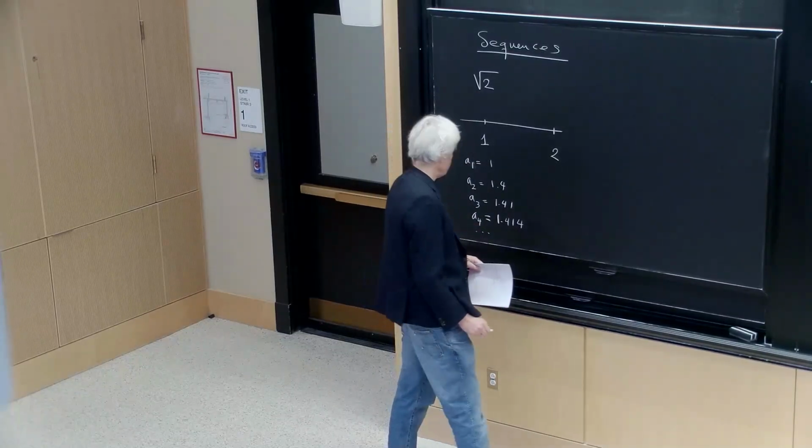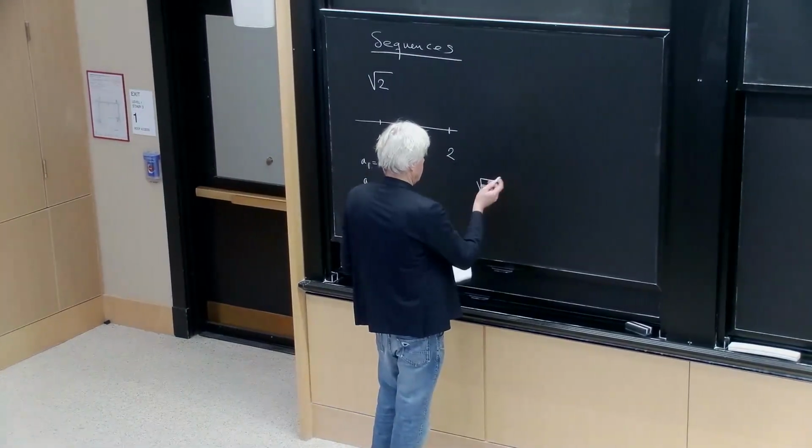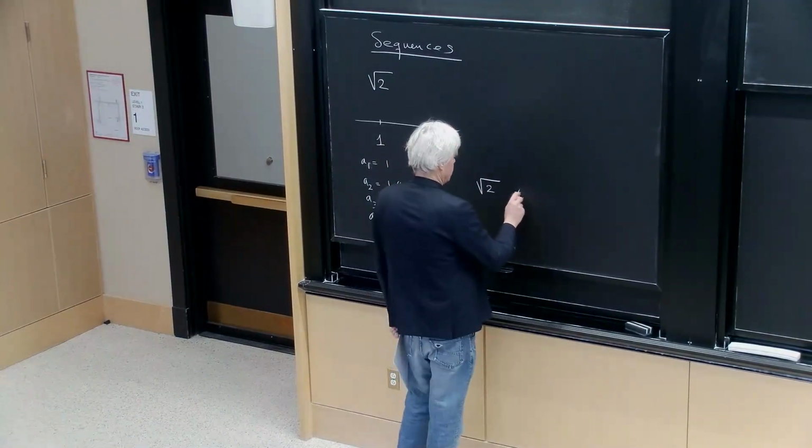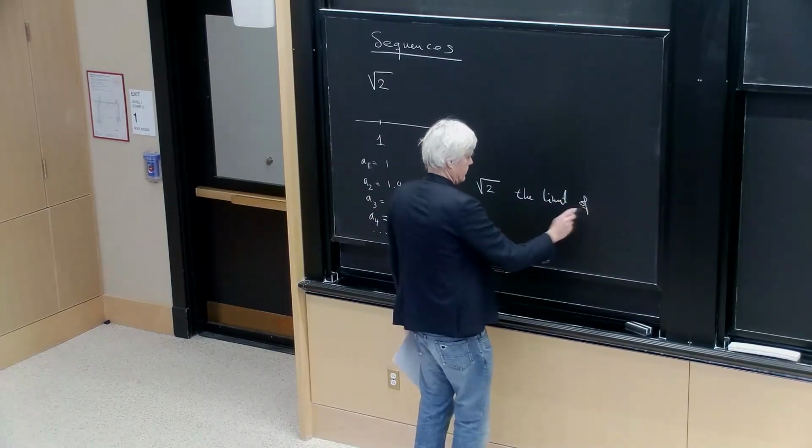So square root of 2 is in some sense the limit of this sequence.